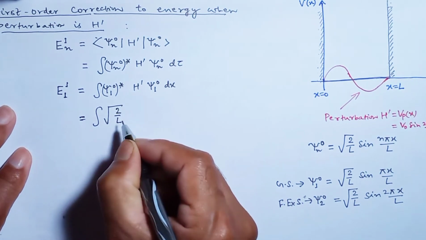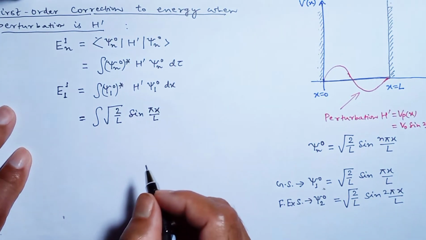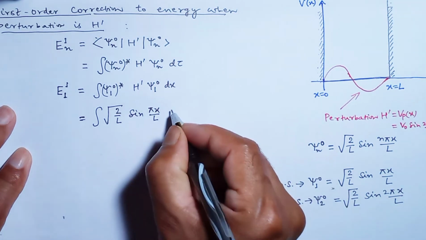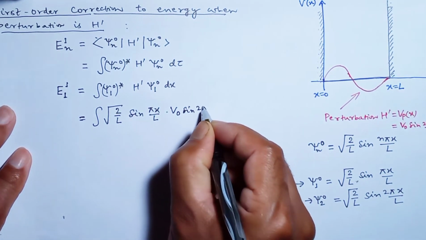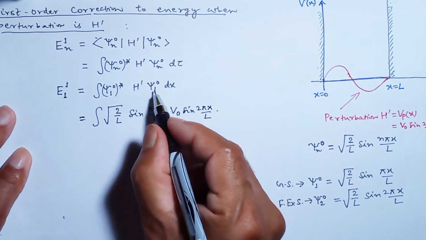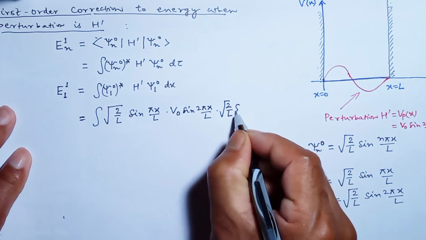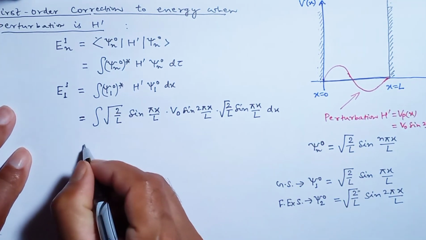So it is root under 2 upon L sin pi x upon L. In place of H prime we write V0 sin 2 pi x upon L multiplied by psi1 0, which is under root 2 upon L sin pi x upon L, dx.